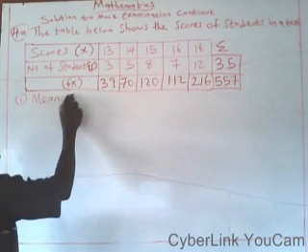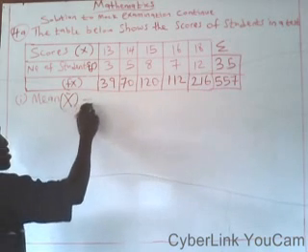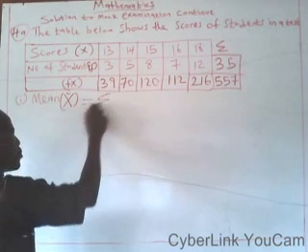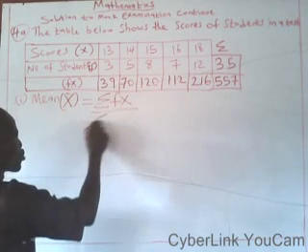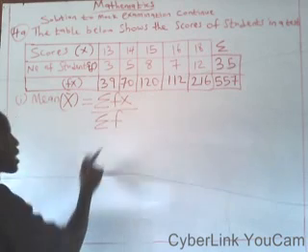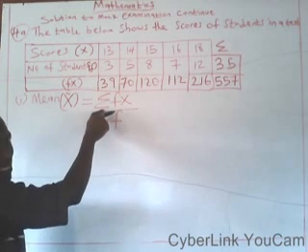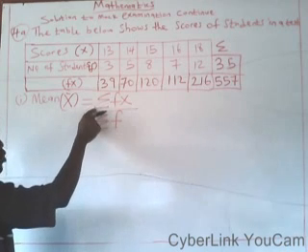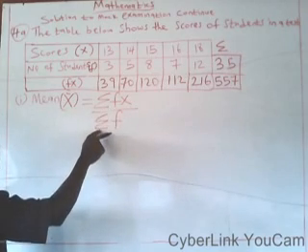In statistics, the symbol for representing mean is x bar. The formula goes thus: summation of fx all over summation f. Summation simply means addition. This one is not the letter E. It is a mathematical symbol which represents summation.